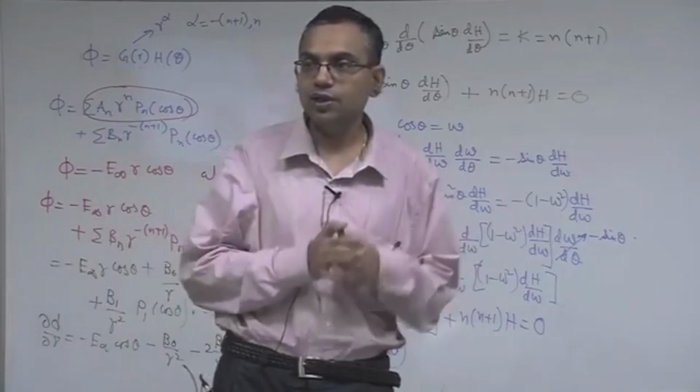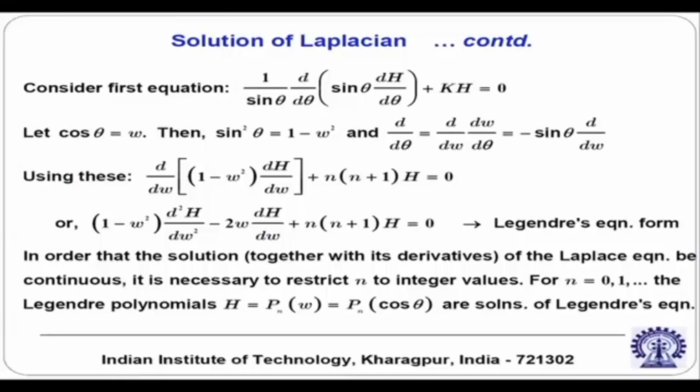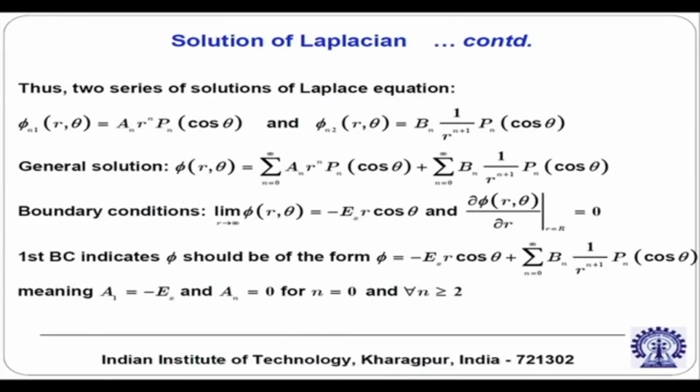So I will use the slides to give you the final compact form. So let us go to the slides. So the solution is an r to the power n Pn cos theta and Bn by r to the power n plus 1 Pn cos theta, and summation of that, linear superposition of that.